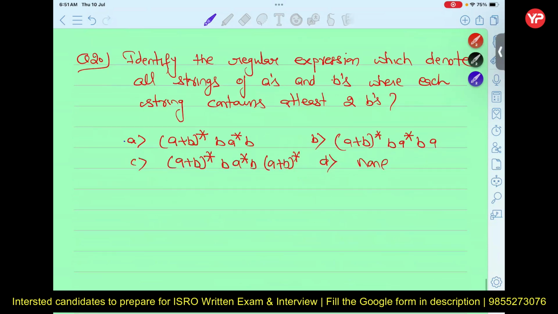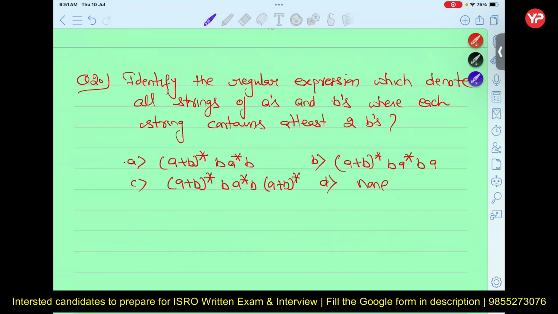Next, the last one. Identify the regular expression which denotes all strings of A's and B's, where each string contains at least 2 B's. Very good. It means you have to find a regular expression which generates all such strings in which at least 2 B's are there.